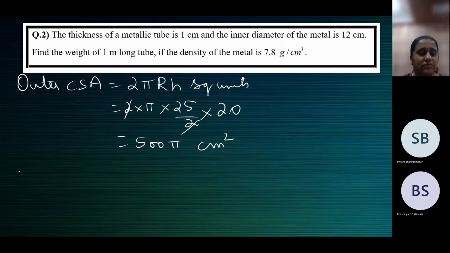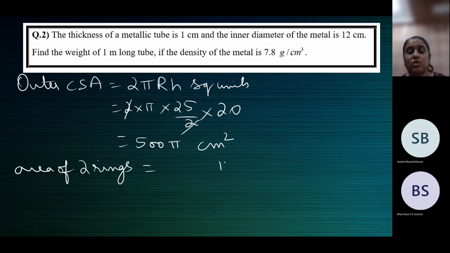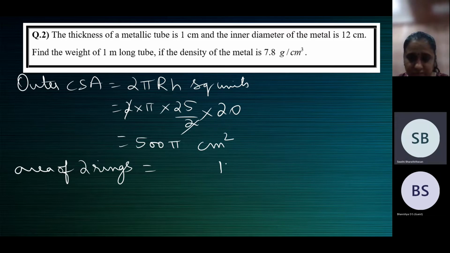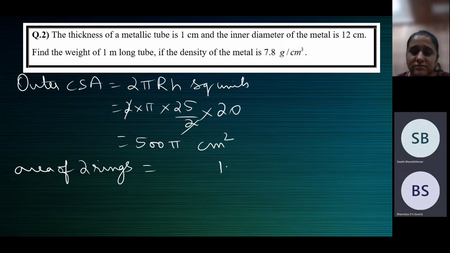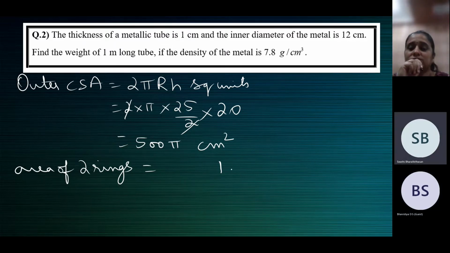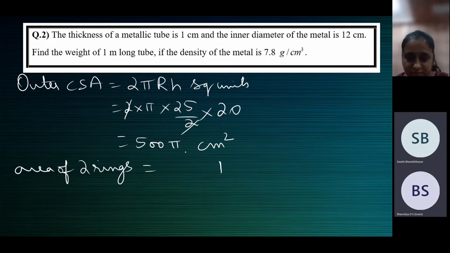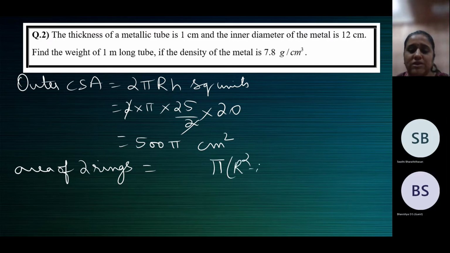Now area of two rings. What is the formula to find the area of one ring? Ma'am, for one ring it's pi into capital R square minus small r square.